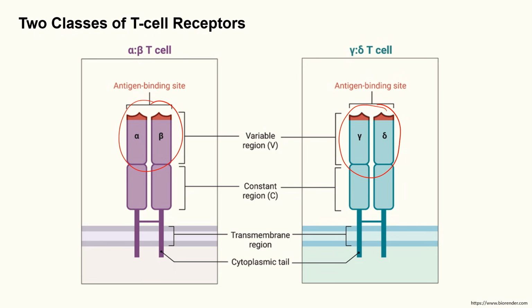So based on the TCR protein, we can differentiate these two T cells into alpha beta or gamma delta T cell. Now, just to give emphasis to the gamma delta T cell, these are T cells involved in regulation. So these are a T regulatory cell population, eventually leading to a lot of immune regulation in the mucosal epithelium. These we will discuss separately when we discuss tolerance and other topics.